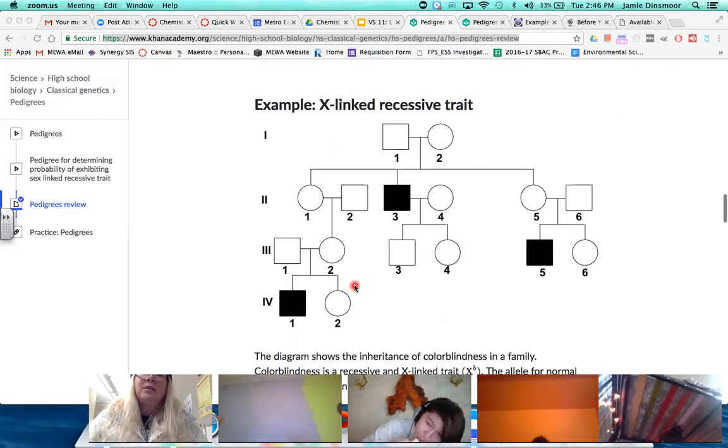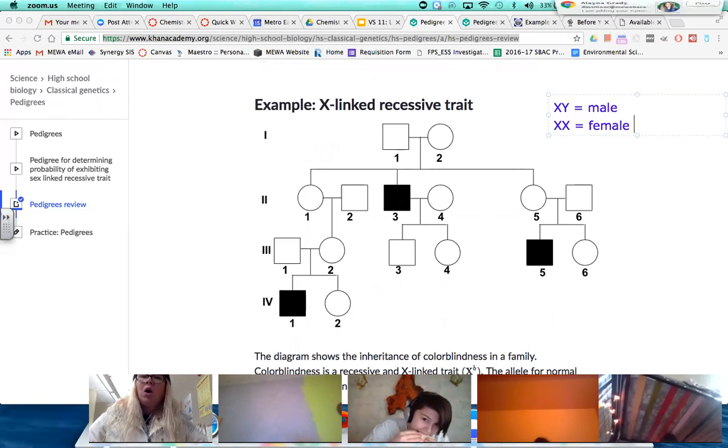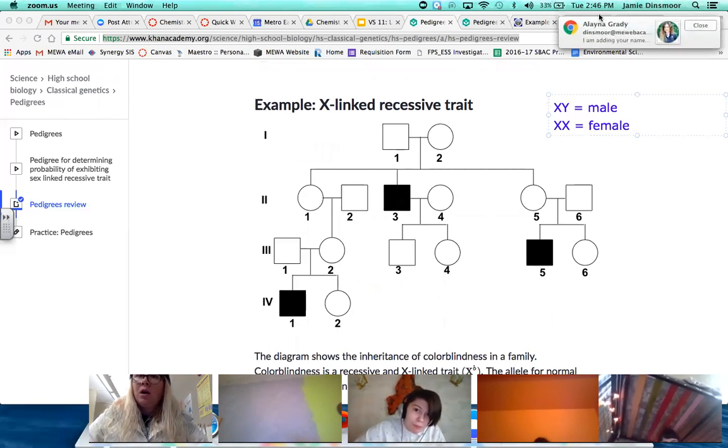Now we're going to look at an X-linked recessive situation. So remember, X-linked means it's on the X chromosome. So males have XY and females have XX. Who is more likely to inherit an X-linked disease, you think?